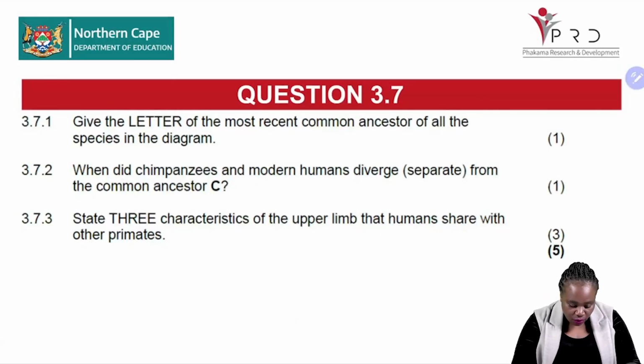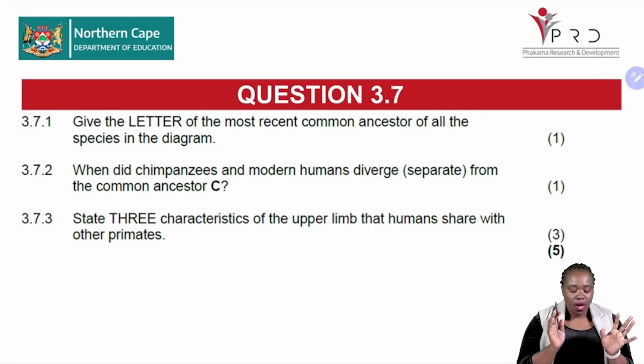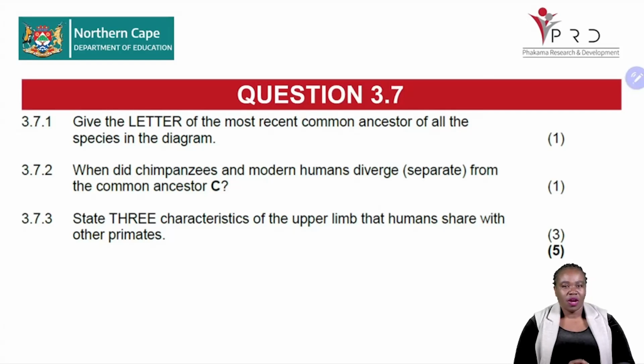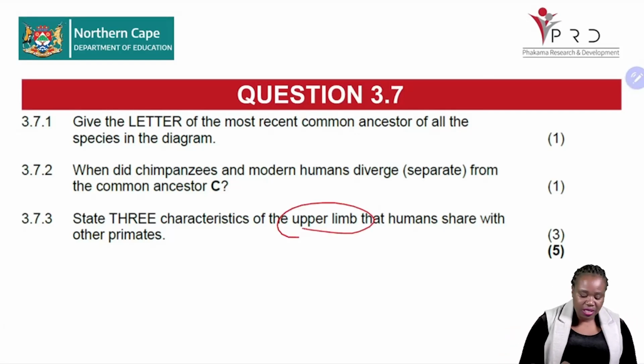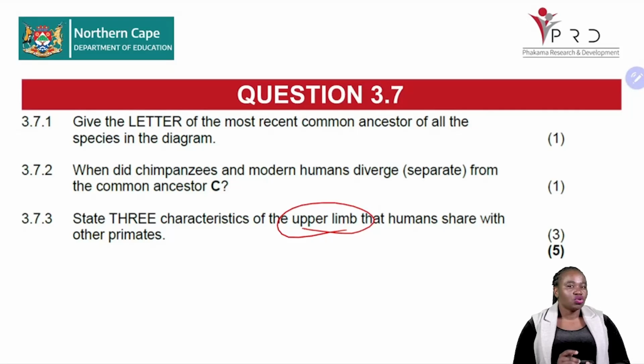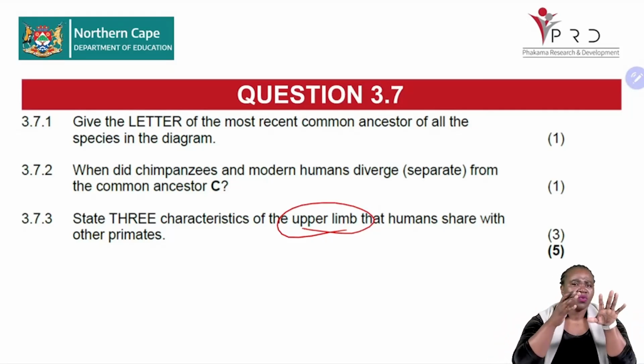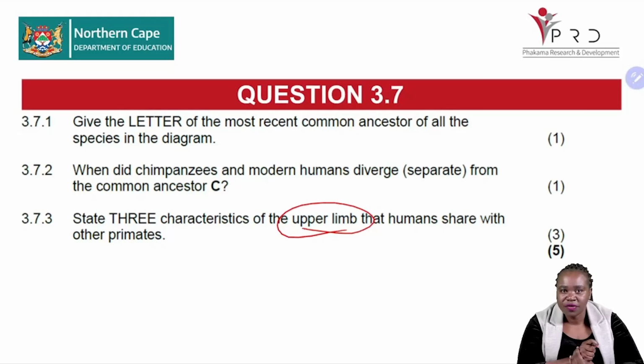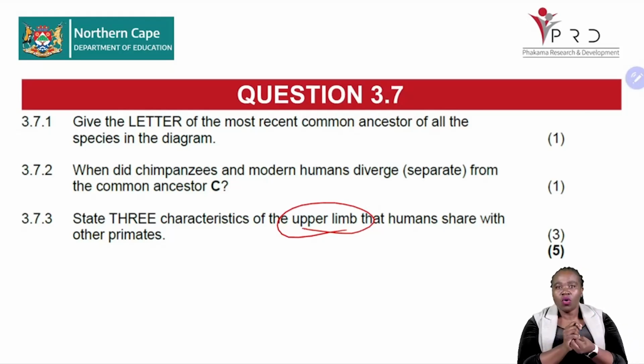Okay, and then 3.7.3 says state 3 characteristics of the upper limb that humans share with other primates. So characteristics that we share with other primates, specifically on the upper limb, meaning that you should not talk about the lower limbs, you should not talk about the mammary glands and all of that, only the upper limbs. So there you can mention the fact that we both have bare nails instead of claws. We both have that opposable thumb that is facing a different direction from all the other fingers.